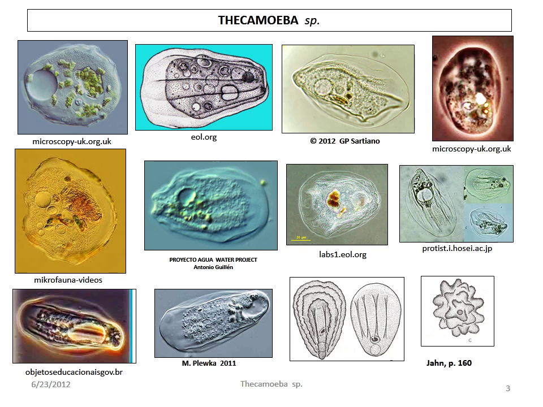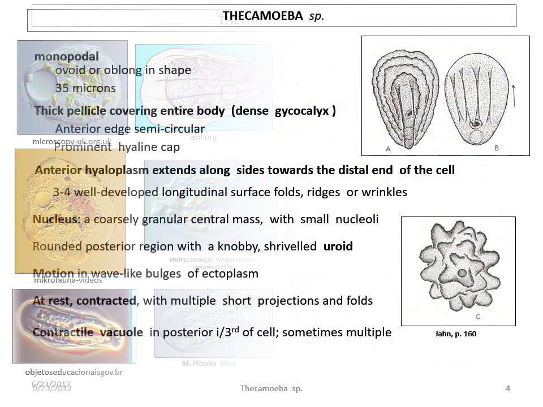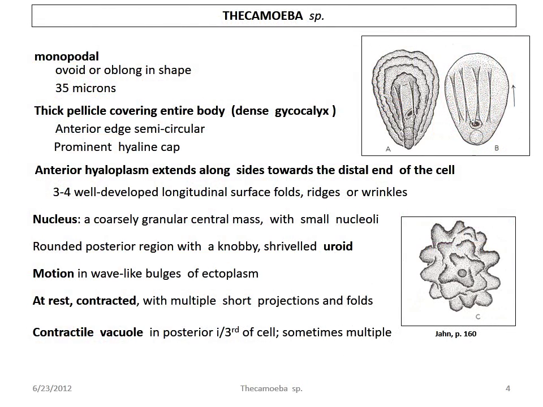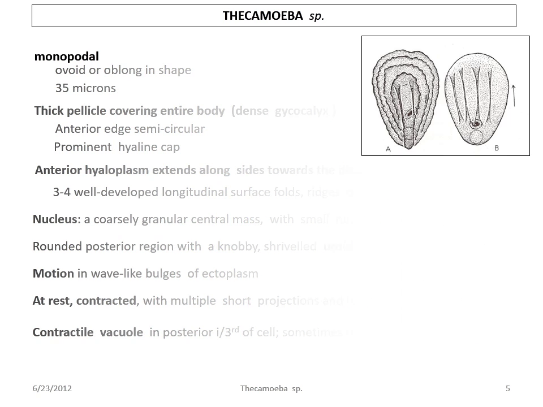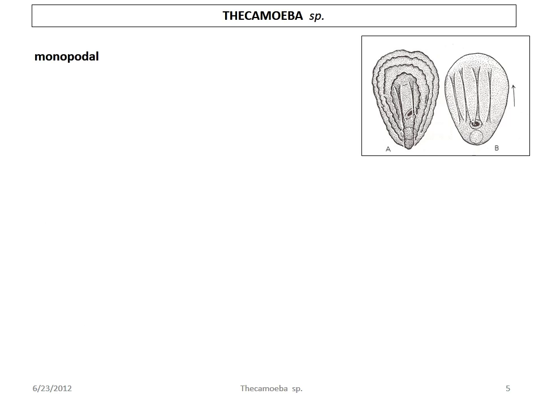There are a number of fine diagrams, pictures, and drawings of thecamoebae in the literature and on the internet. Thecamoebae have a number of common features which aid in their identification. Thecamoeba species are monopodal.